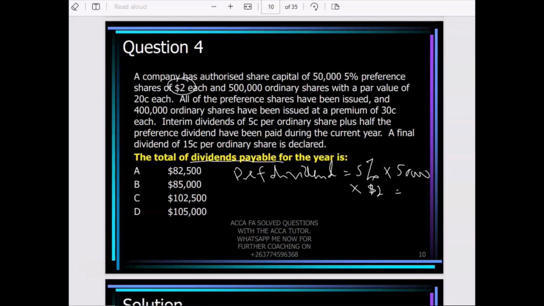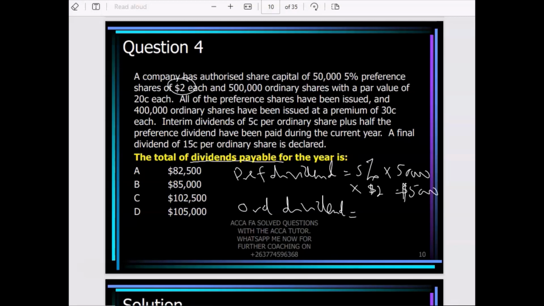All right, so here you get your 5,000. If you say 5% multiplied by 50,000 multiplied by $2, you get $5,000. These are in dollars. And then the value of the ordinary dividend. The ordinary dividend is based on the par value of the shares multiplied by the number of shares.